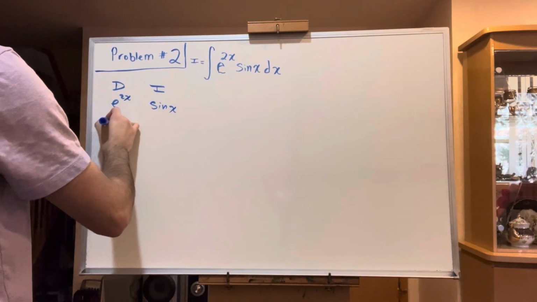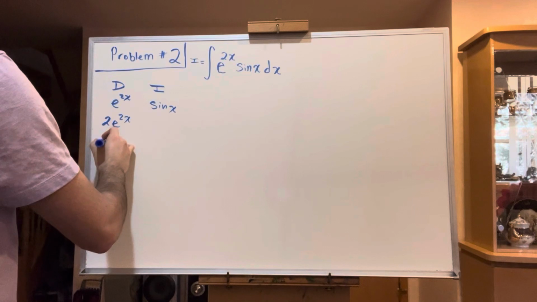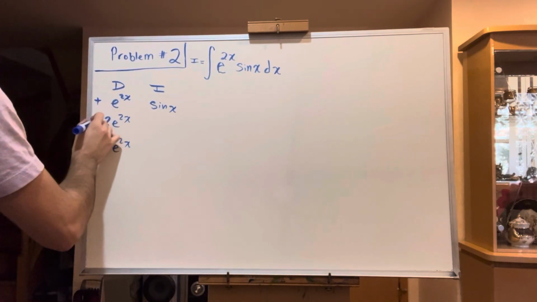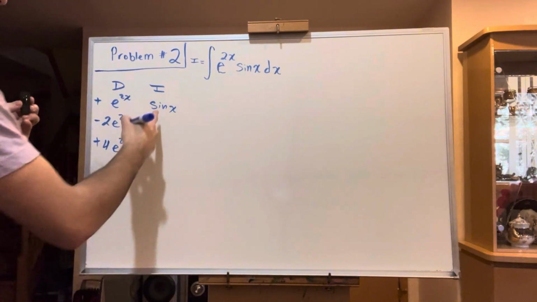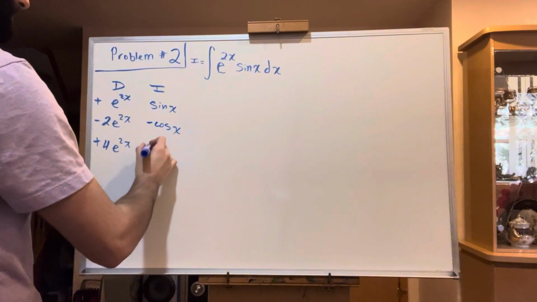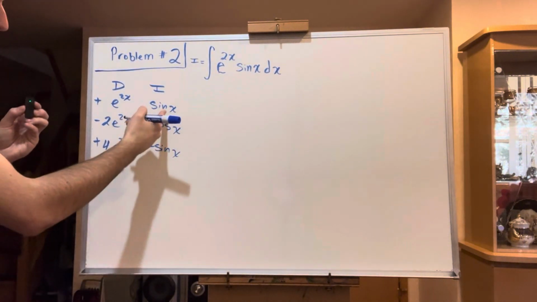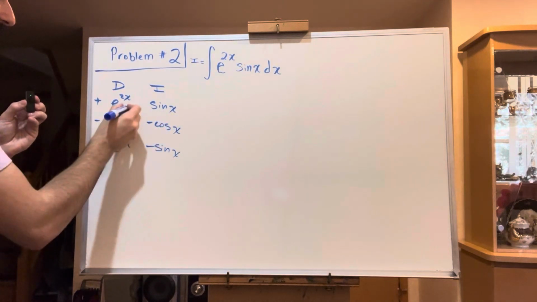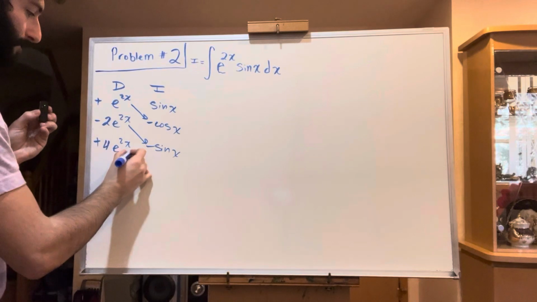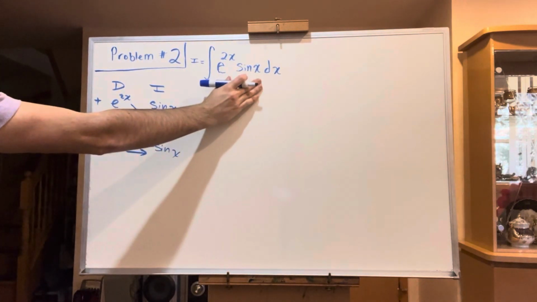Differentiate, we get 2 e to the 2x, and we get 4 e to the 2x, plus minus plus. Integral of sine is negative cosine. Integral of negative cosine is negative sine. Boom, we're back at the same function, so all we have to do is multiply, and then the product of these two is going to be our I.